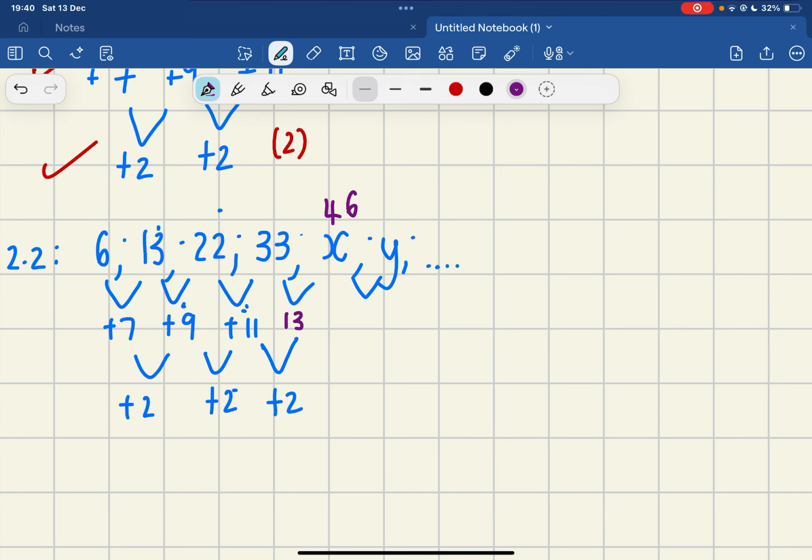To get to the y value, we add 2 to 13, so 13 plus 2 is 15.